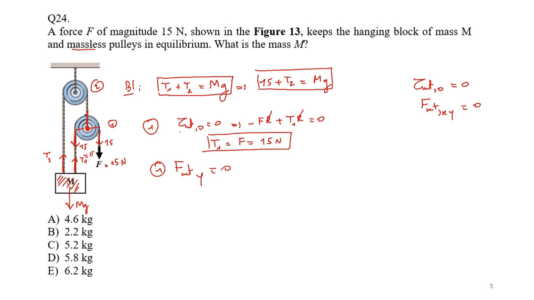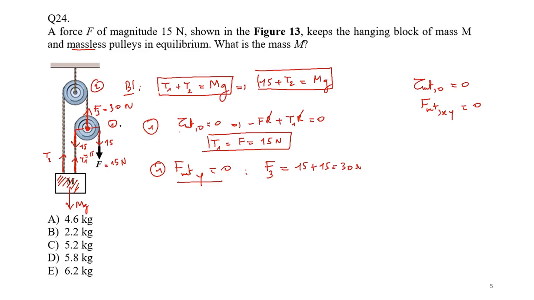Let me call it F3. So net force along Y for pulley 1 will give me F3 is equal to 15 plus 15, which is 30 Newton. So this force here is equal to 30 Newton, just by balance of forces along the Y direction.